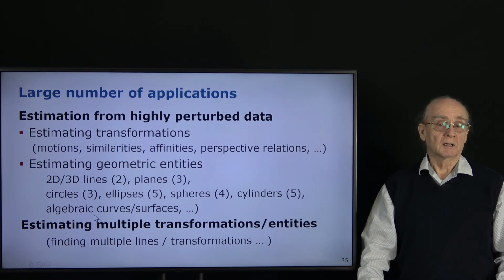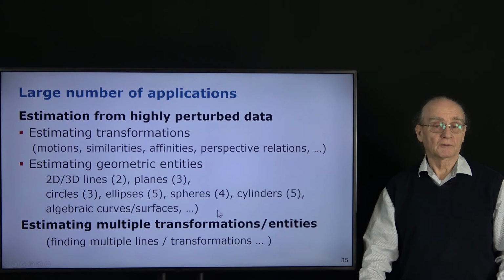You could also ask whether you can find algebraic surfaces or curves. In the general case, there you need some more samples, but these are still curves or surfaces which only depend on, let's say, a handful or below a dozen parameters. There you can use RANSAC for detecting these geometric entities in your data.